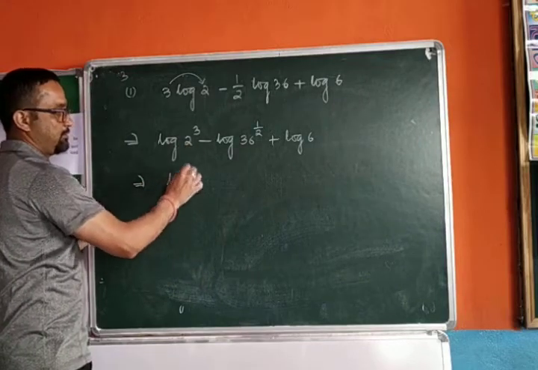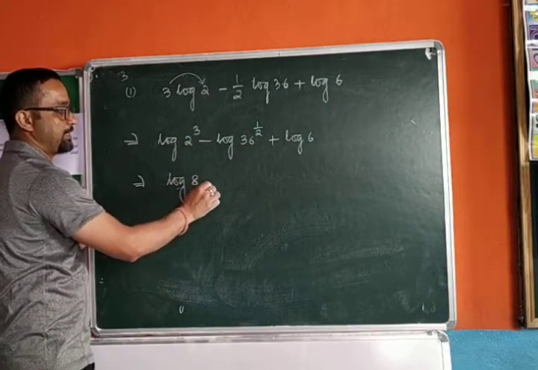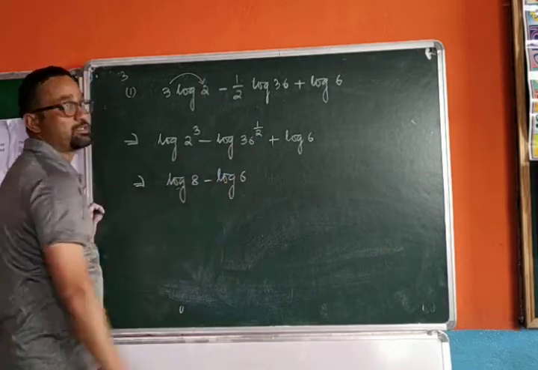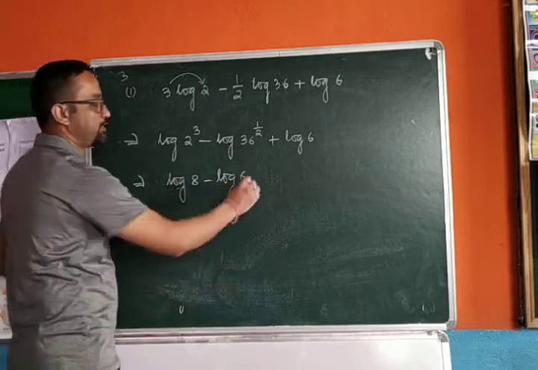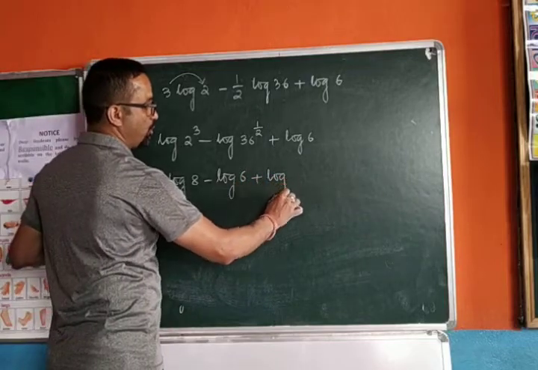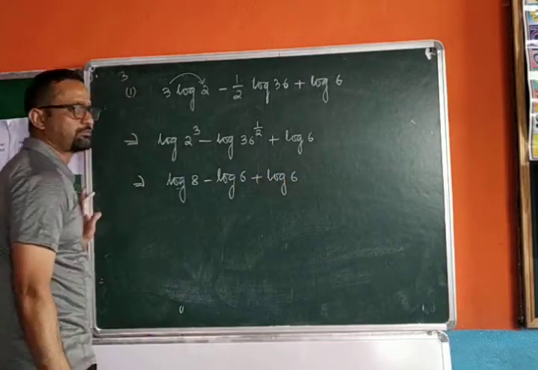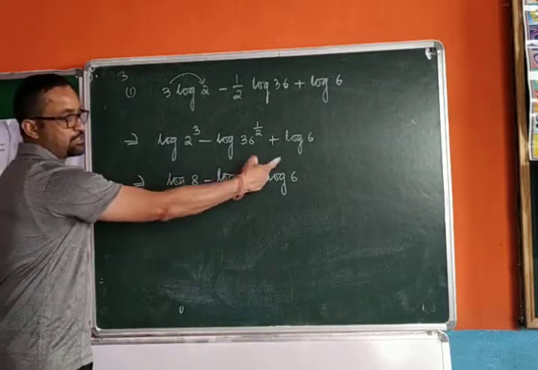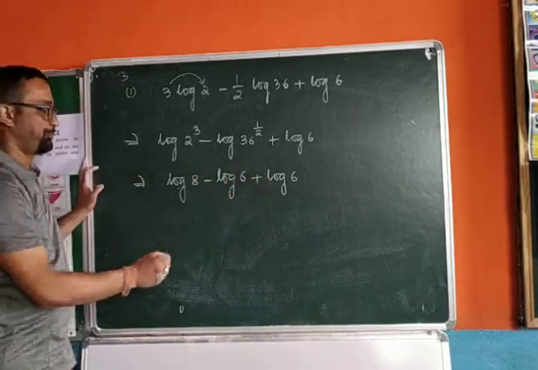Log 2 to the power of 3 means 8. 36 to the power of half means 6, the square root of 36. Log 6. Look at the calculation. You can cancel this or you can use the log laws.